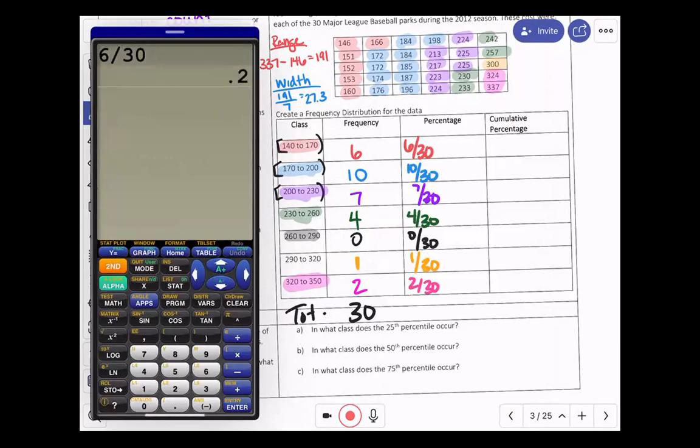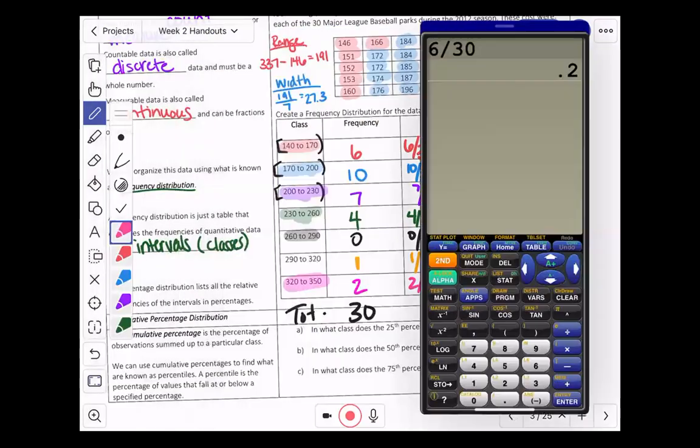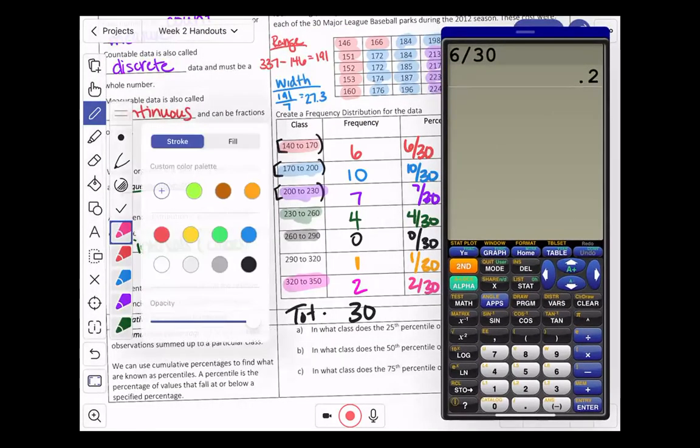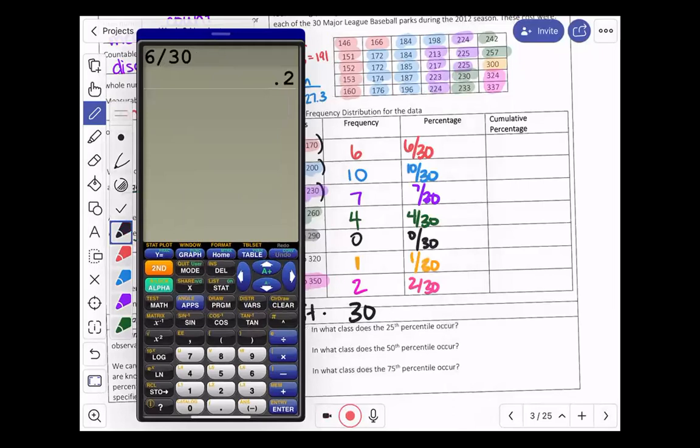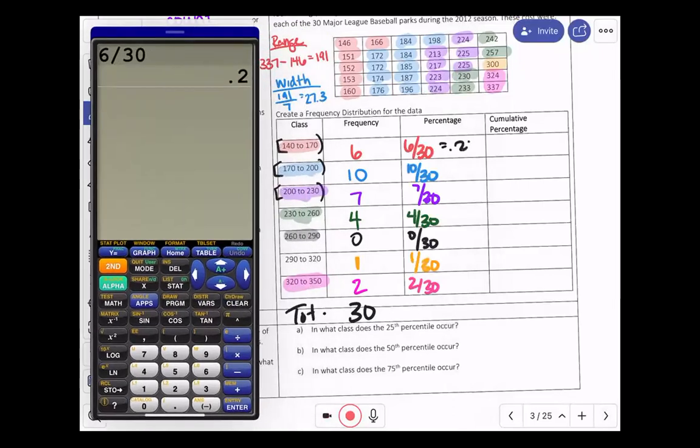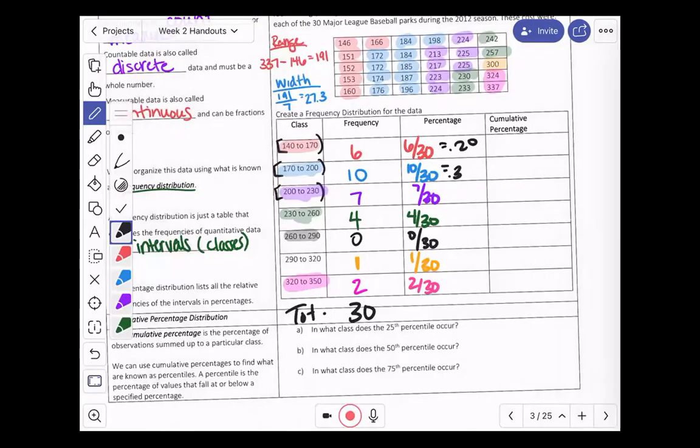Six divided by 30 is 0.2. 10 divided by 30 is 0.33. And actually, I want to write them as percentages, not like that.